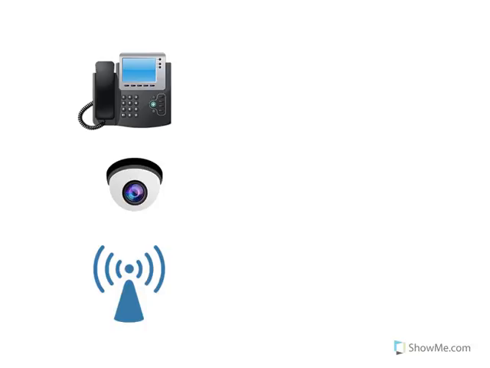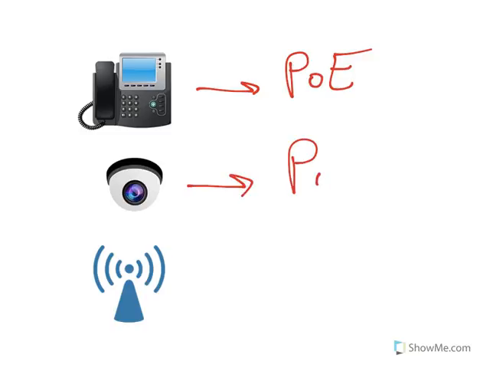In terms of devices, the most common PoE devices that we are going to encounter in a network are the IP phones, which in the majority of cases are PoE devices, unless we're talking about a very high-end video conferencing unit that needs more power. In that case, it will be PoE Plus. We also have IP cameras.